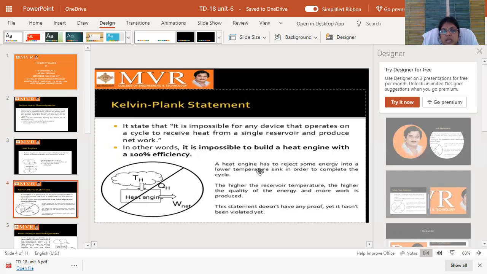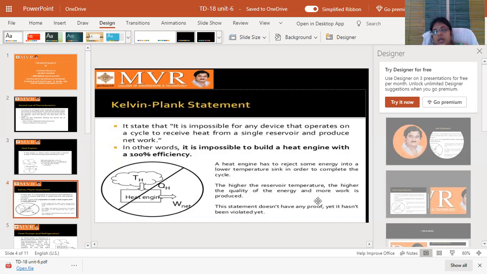A heat engine has to reject some energy into a lower temperature sink in order to complete the cycle. So when we put the sink, it rejects heat to the sink in order to complete the cycle. Otherwise our cycle will not complete. The higher the reservoir temperature, the higher the quality of energy, and more work is produced.